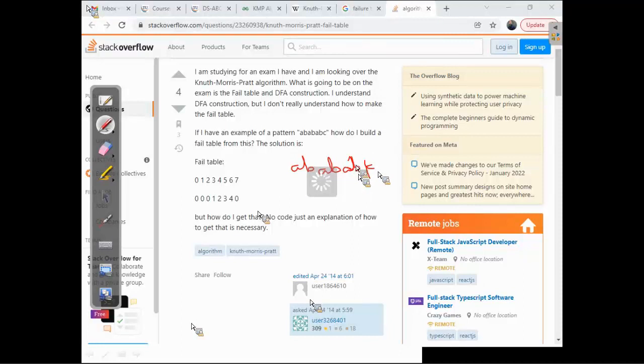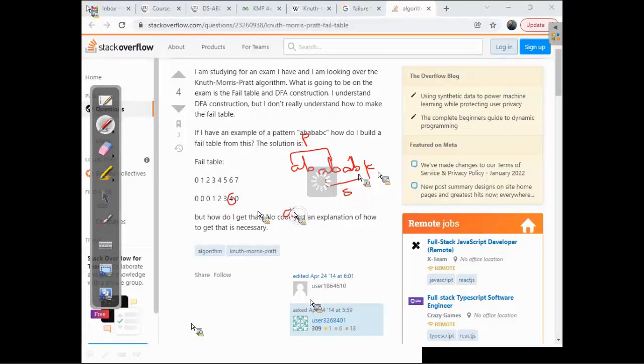Now, if you see here, he's getting a value 4. I think you understand why 4. Because the suffix AB is also there as a prefix. It can overlap, doesn't matter. So this is a prefix, this is a suffix. Its length is 4, so that's why he has a 4.